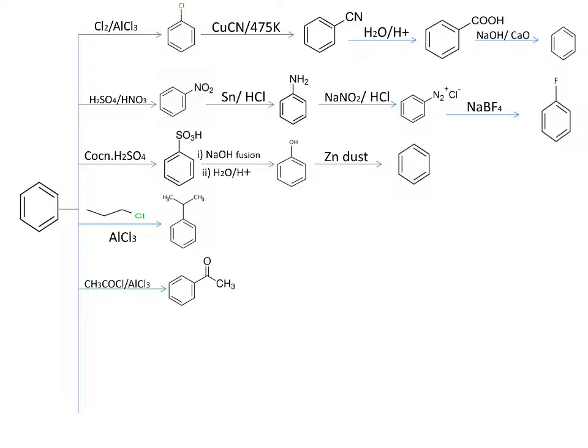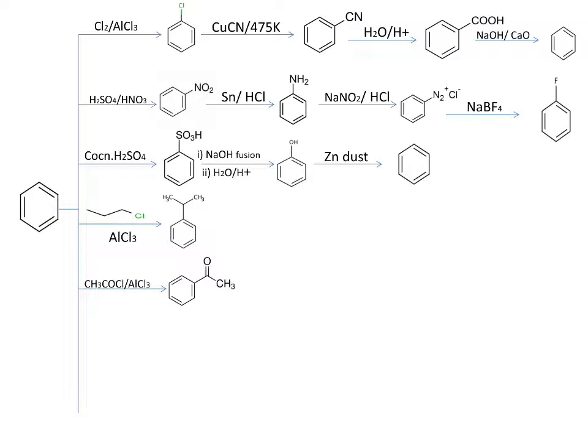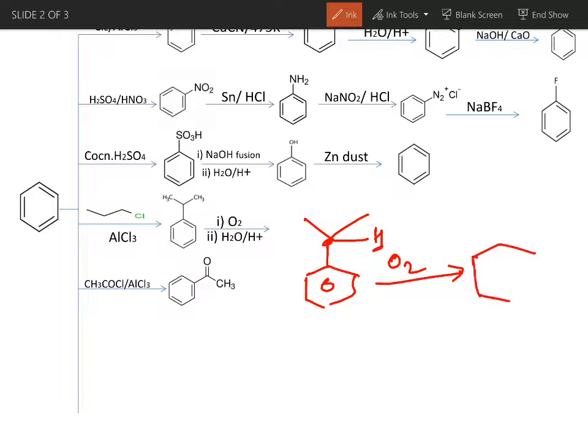Next, by Friedel-Crafts alkylation, we have formed isopropyl benzene. Now we know that isopropyl benzene is also called cumene. This cumene is further reacted with oxygen followed by hydrolysis. When cumene is reacted with oxygen, oxygen will get introduced between this carbon and hydrogen and forms a compound known as cumene hydroperoxide.